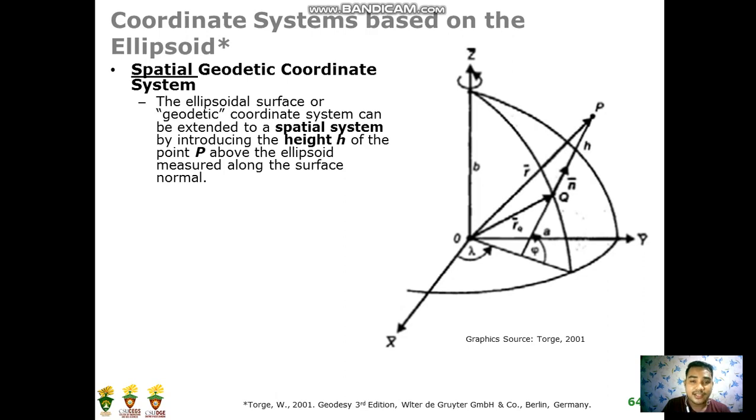The ellipsoidal surface or geodetic coordinate system can be extended to a spatial system by introducing the heights. So this coordinate system takes into account the heights: the ellipsoid plus h, where h is the height of the point P above the ellipsoid measured along the surface normal.